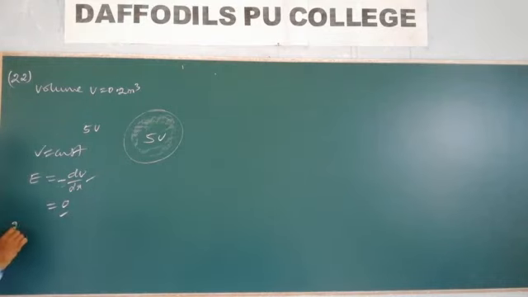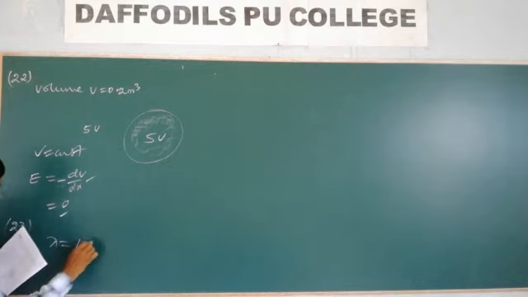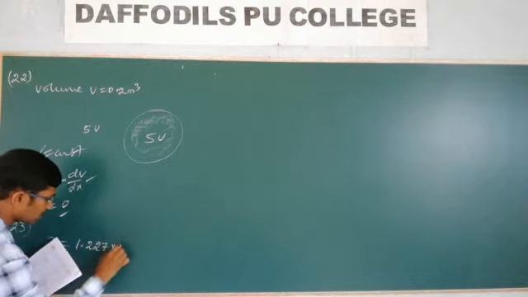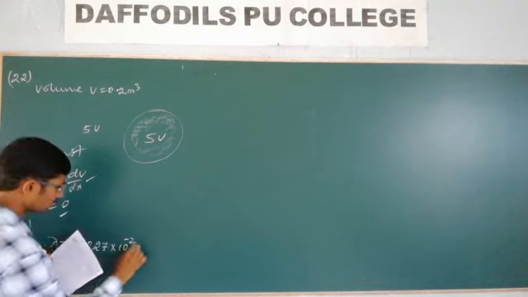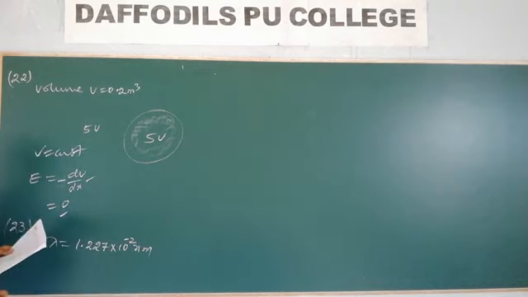An electron is accelerated from rest through a potential difference of V volt. If the de Broglie wavelength of the electron is 1.227 into 10 power minus 2 nanometer, the potential difference is. We need to find the potential difference here.